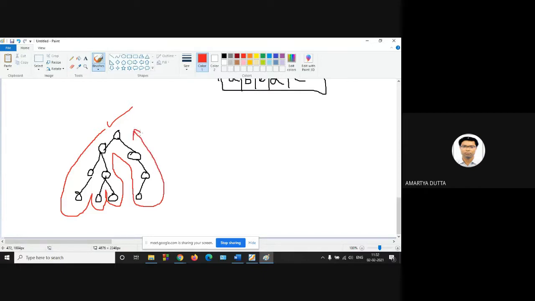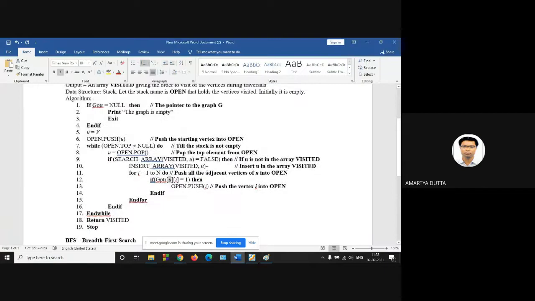So this is the main depth first search algorithm. First visit this one, next visit this one along the depth, next this one, next this one. Okay, complete. Next visit this one, next this one, next this and this. So this is your depth first search algorithm.